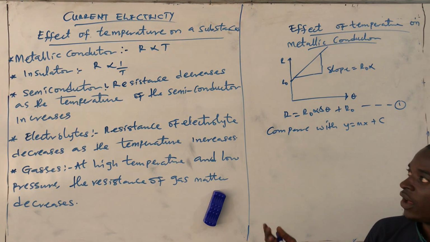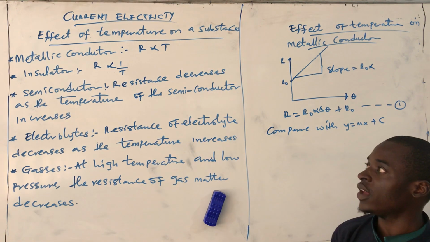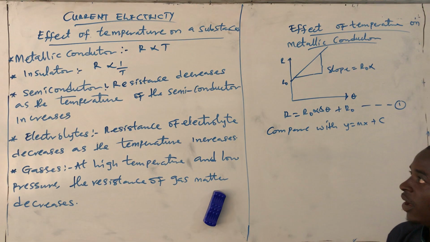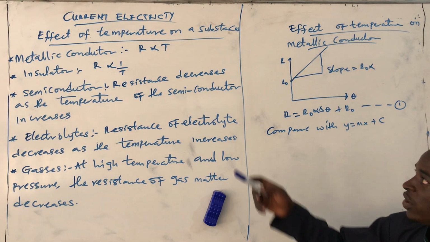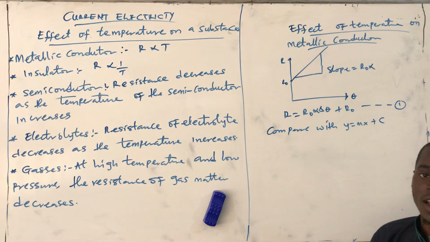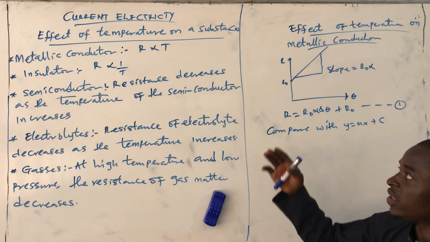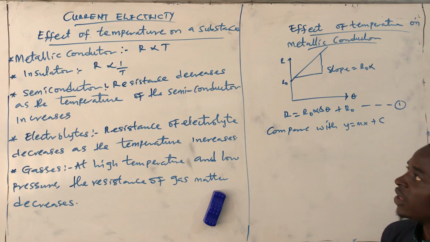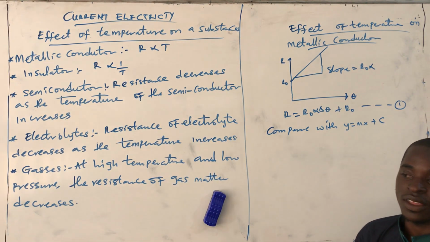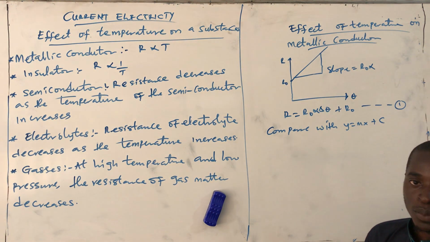For example, I don't know whether you did a practical on measuring resistance, in which you measure the resistance when the temperature is at ice, and the resistance of the substance when the temperature is at steam. We see that at steam temperature the resistance will be at a high value, and when we are at ice, the resistance will also fall because of the proportionality between the two.